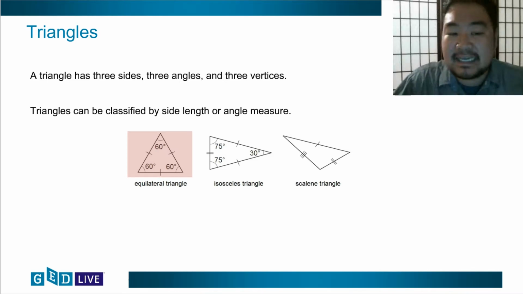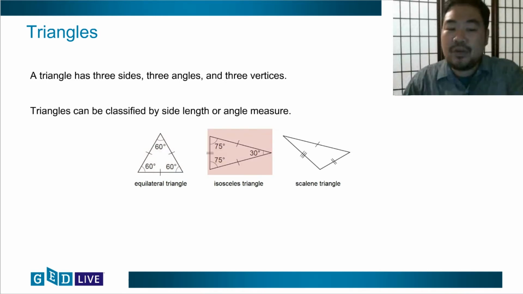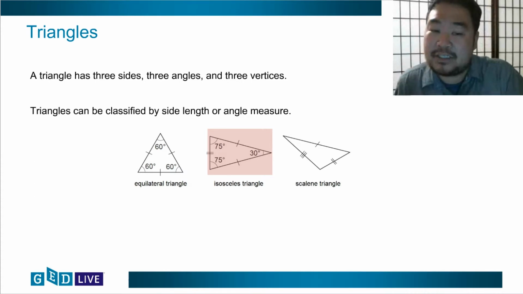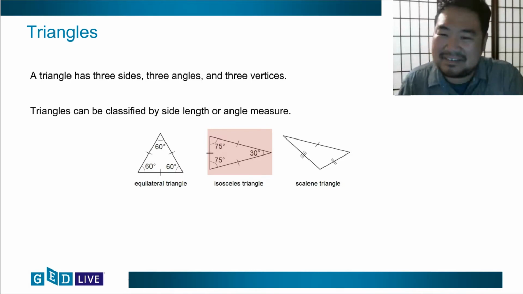But now let's take a look at that second example real quick. What do you notice that's a little bit different in terms of the side lengths about that second triangle there? What do you notice is different compared to the equilateral triangle? That middle triangle. Again, don't worry about the word isosceles, class, right? Because you're not necessarily tested on the fancy terms for those.